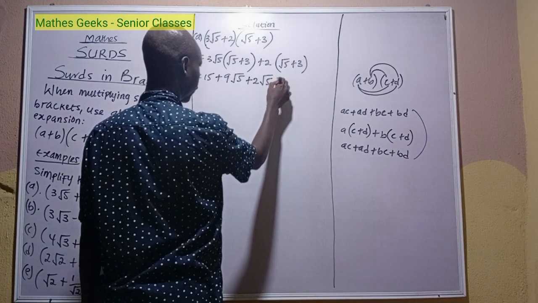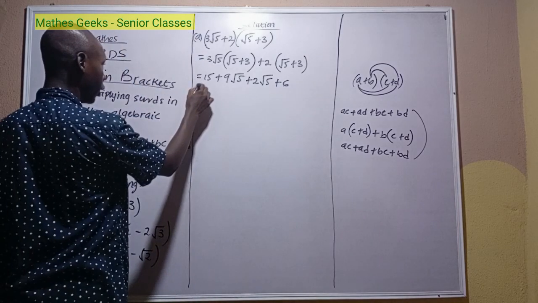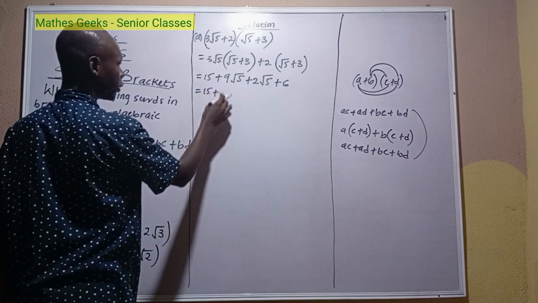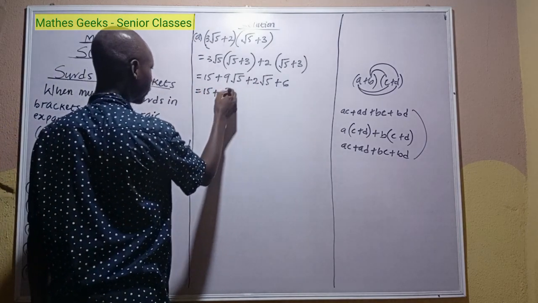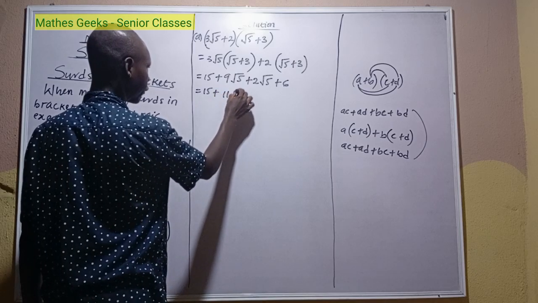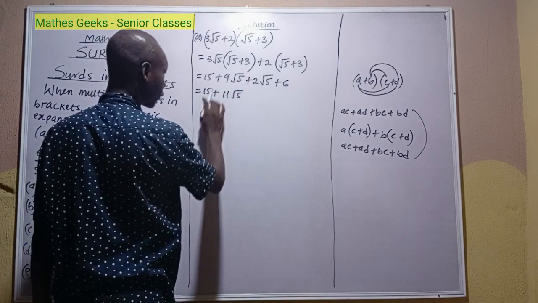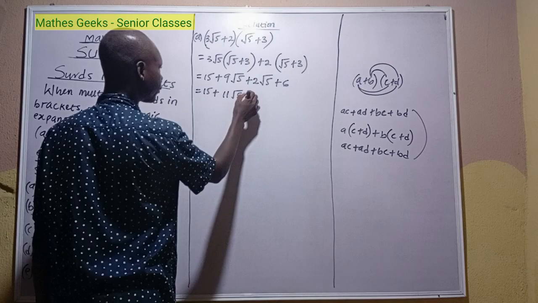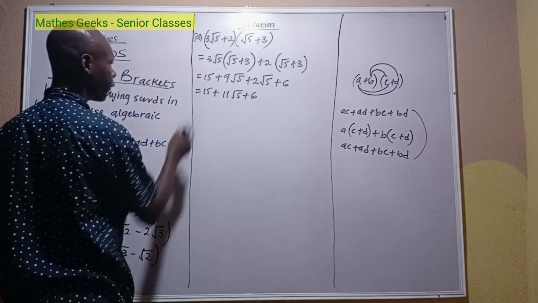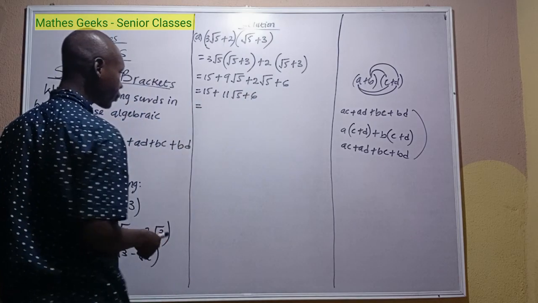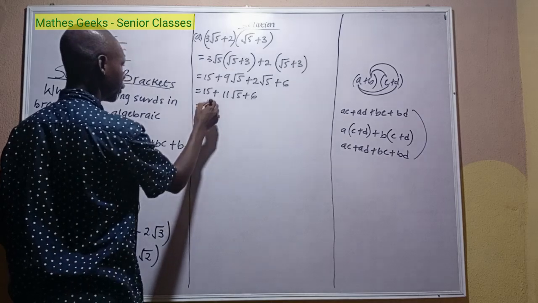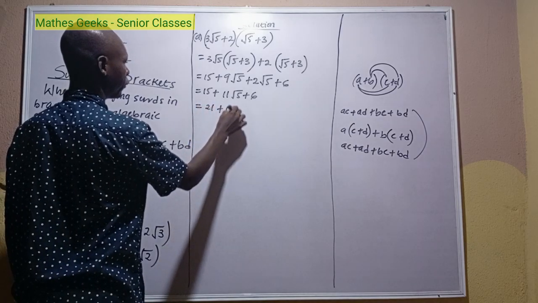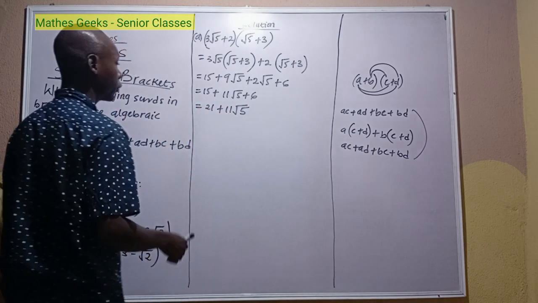Plus 2 times plus 3 gives plus 6. This will give us 15 plus 9 root 5 plus 2 root 5, which is 11 root 5, and then plus 6. So 15 plus 6 will give us 21 plus 11 root 5.